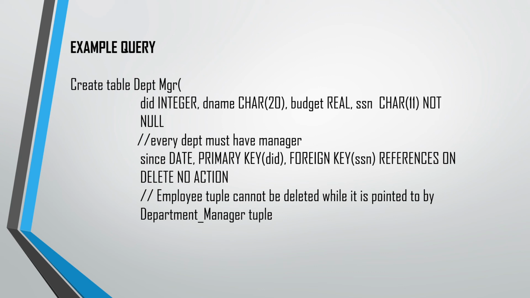Every department must have a manager. So since date, primary key DID, foreign key SSN. SSN is a foreign key that references employee, on delete no action. So it cannot be deleted because there should be at least one manager. An employee tuple cannot be deleted while it is pointed to by the department manager tuple.